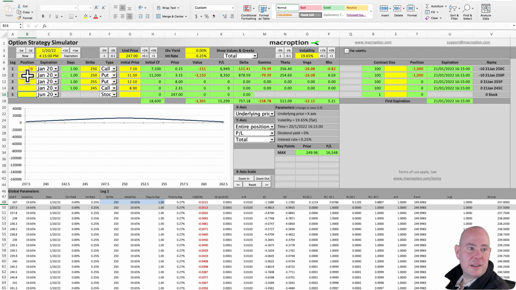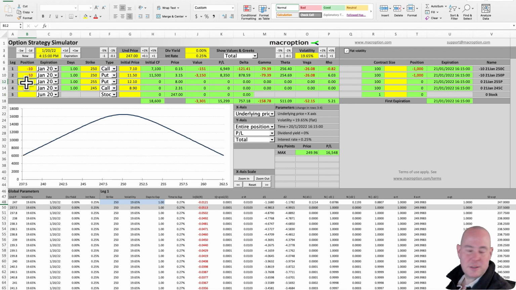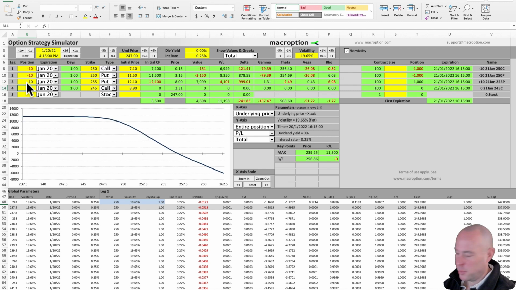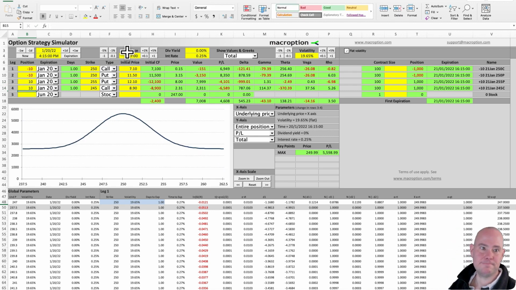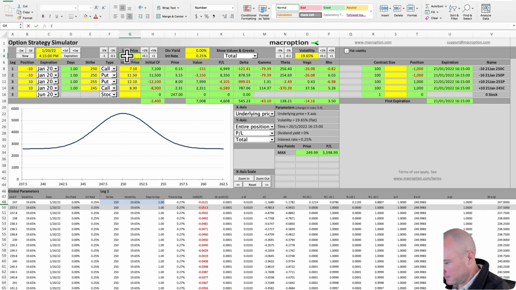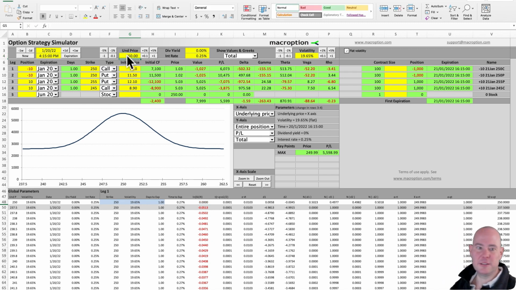Now, what is a delta flip? We hear about that, and delta flips are very important for expiration. So a delta flip is, let me show you right here, right? We're at 250. Actually, let me show you this way.